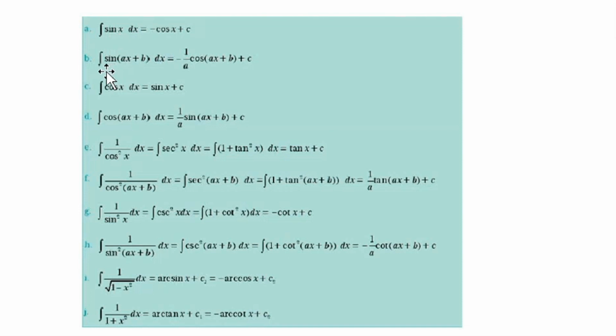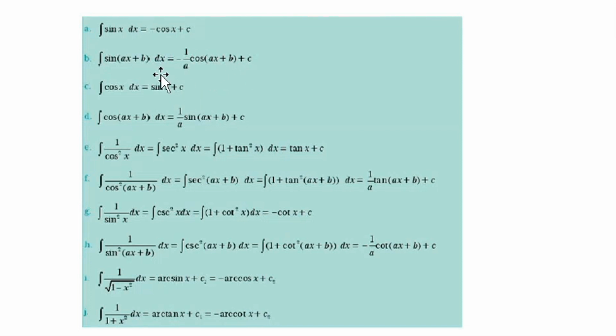So for formula B, we can have a shortcut by taking the reciprocal of the coefficient of x. Therefore, the integral of sine of ax plus b dx is equal to negative 1 over a cosine of ax plus b plus a constant.